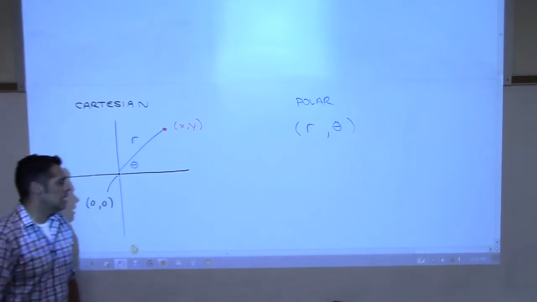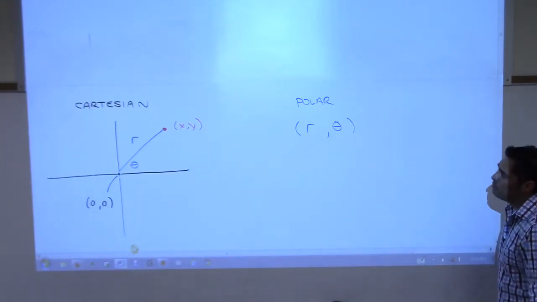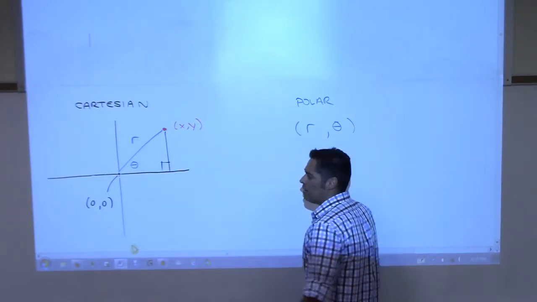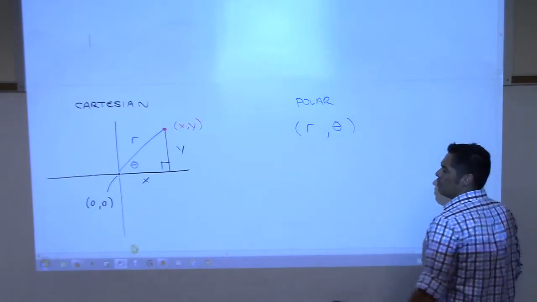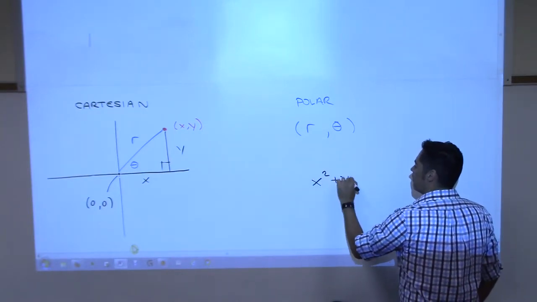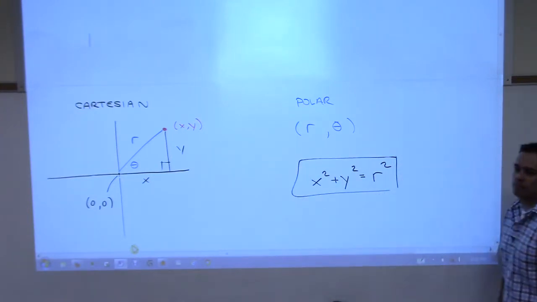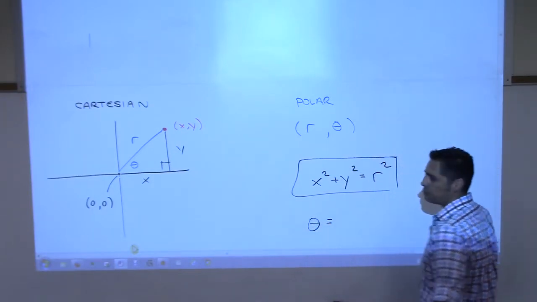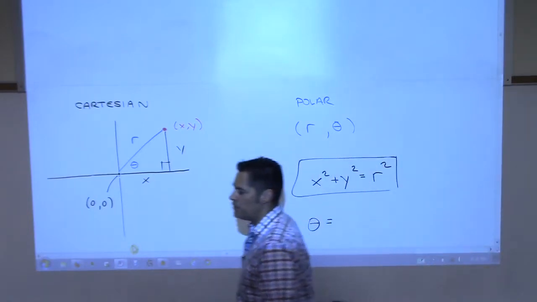All right, so let's try and find some relationships between Cartesian and polar. Well, the most standard relationship that we could create is using that right triangle again. So we know that we will always have this identity. This will always be true. That's guaranteed by the Pythagorean identity. We actually know how to get theta. We can get theta by using the inverse tangent function.